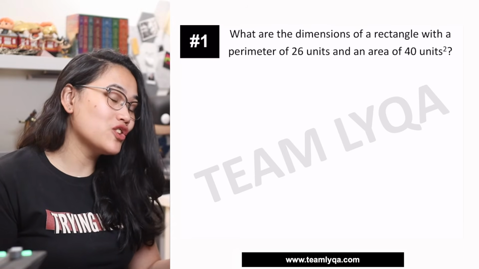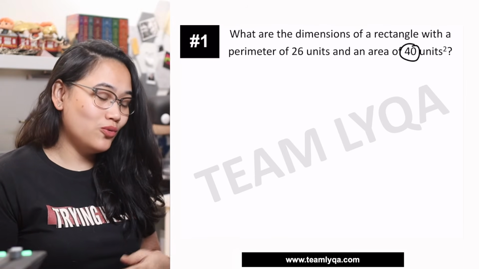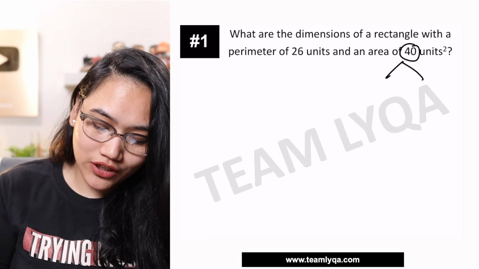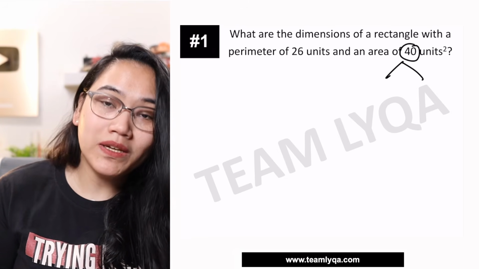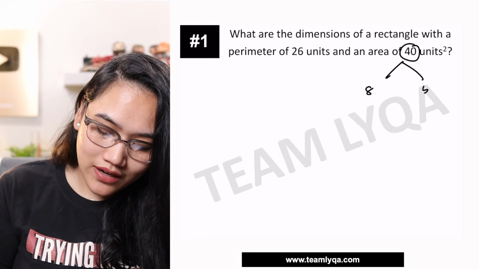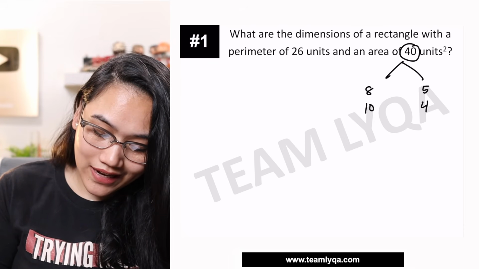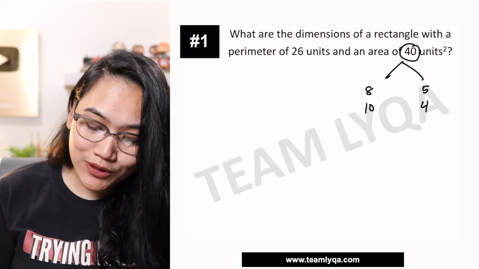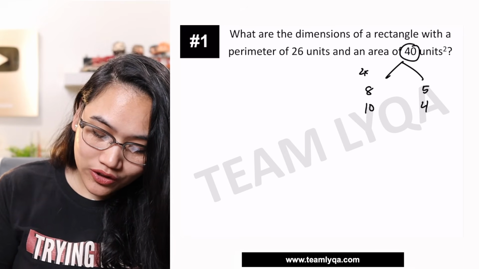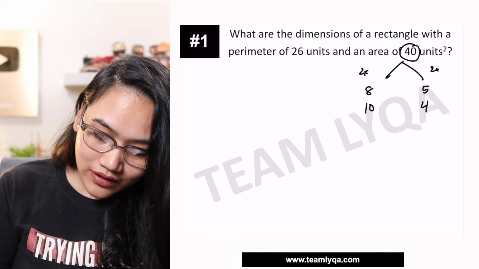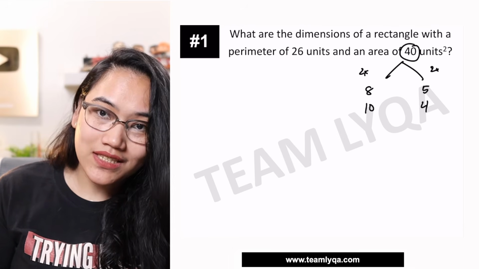But again, kung may options lalo, nagmamadali, hindi kailangan i-show yung solution. Tingnan natin yung area, 40 units. 40, kung isi-split natin yan, that could either be 8 and 5 or 10 and 4. Tapos, i-check na lang natin kung ano yung twice nito. At twice nito, ang lalabas dapat ay 26.